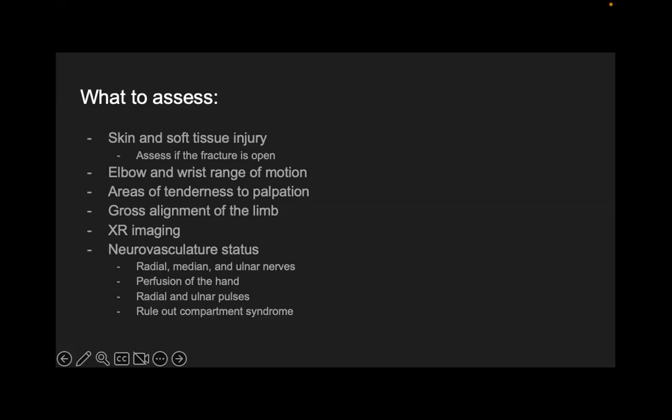So if a patient comes in and their forearm is dangling off, then obviously there's a fracture. You don't need an x-ray to get that. And you'll probably know that it's both bones if there's no stability at all. You could also see if the fracture is pointing volar or dorsal in one way or another.